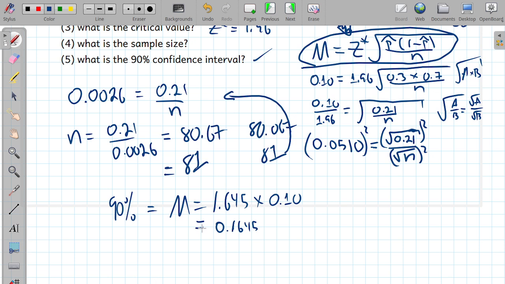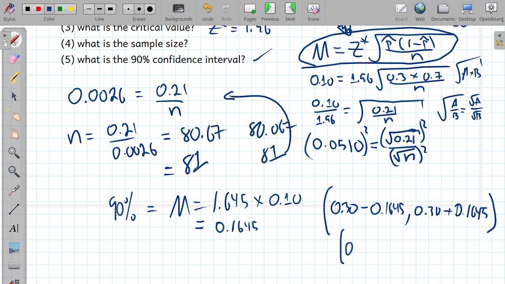All right, so this is the new margin of error. So now the new interval will be the estimate, which is 0.30, minus 0.1645, and the estimate plus 0.1645. So that turns this into 0.1355.